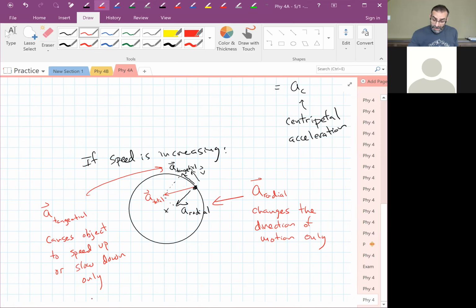Yes, radial and centripetal are the same. What's it useful for? Anything moving in a circle. We'll get to some examples. Just go to the amusement park and think about all the amusement park rides that spin around.